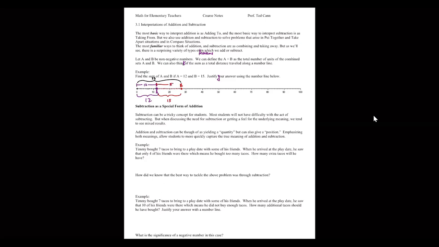I think that's a little bit better than the squigglies, which I'm going to get rid of. Yeah, a little bit nicer that way. So that gets you to a total of 27. In the grand scheme of things, A plus B is going to be equal to 27.